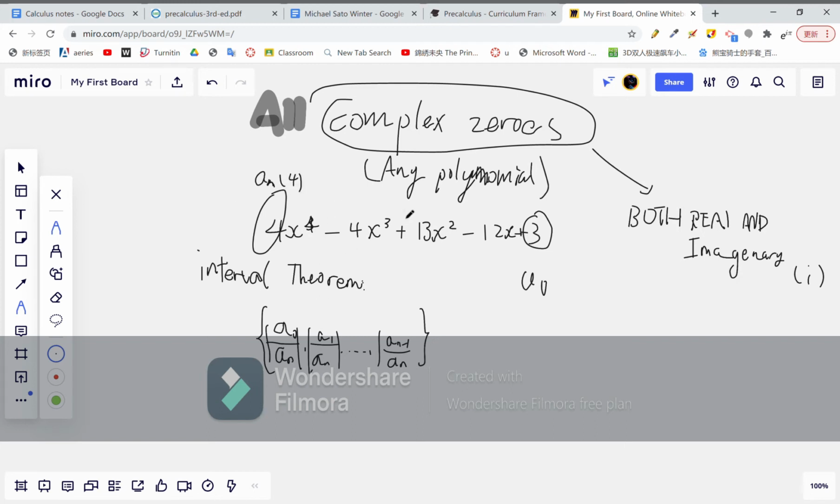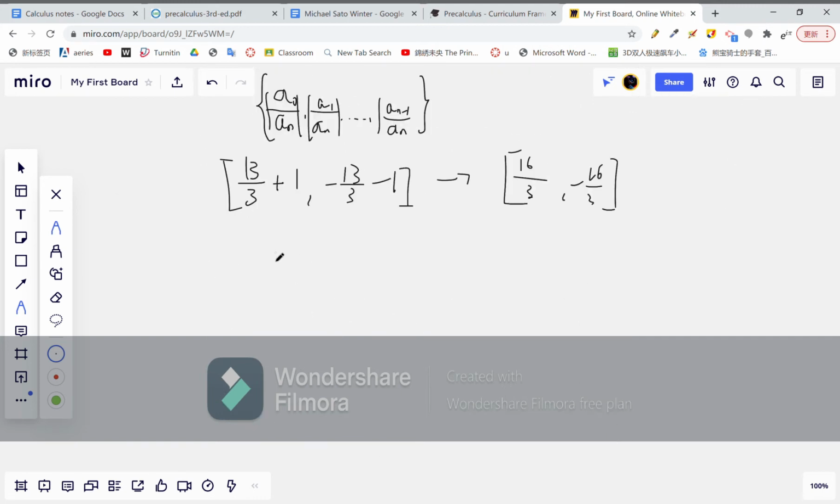Let's find the largest, which is definitely 13 over 3. So the roots are limited to between negative 13 over 3 minus 1 and 13 over 3 plus 1, which is negative 16 over 3 to 16 over 3. So every root must be in this interval.